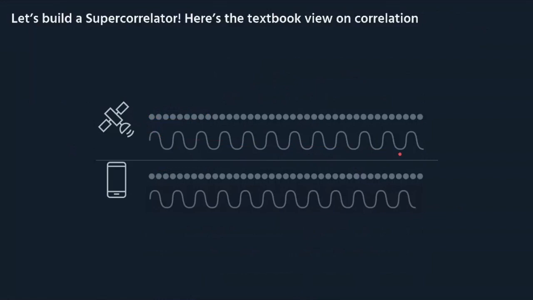And the textbook view on how a GPS receiver works is that you take a local copy of this code word in exactly the form that it's written down in the textbooks, as its pattern of 1s and 0s, and you use the radio receiver to lock on to the frequency that the satellite is transmitting on, and you search for the maximum power that you can find in that process.